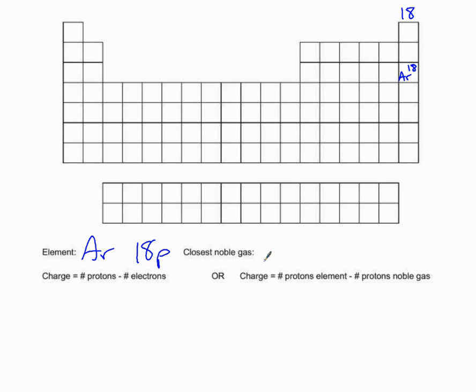Closest noble gas is argon with 18 protons. So when you're looking for the charge of a noble gas, this is really unnecessary if you just remember that a noble gas will always have a charge of 0. It does not make ions, and they don't like to form chemical bonds. But for comparison purposes, we had 18 protons. 18 is the number of the closest noble gas. Charge is 0.